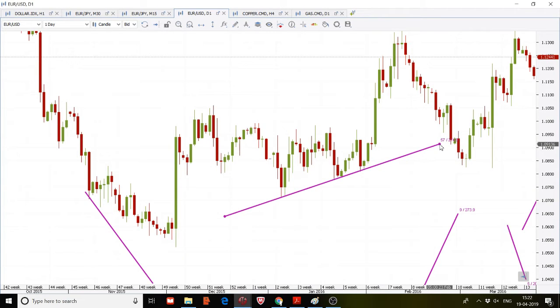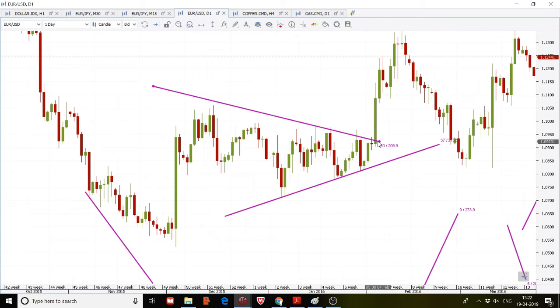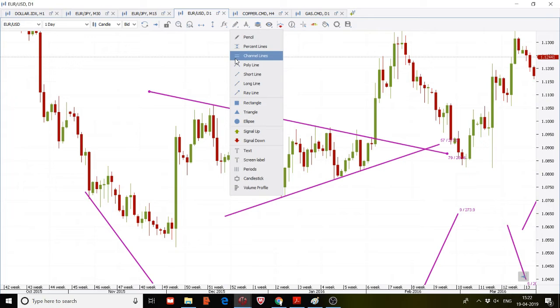So we are getting the three touches here, and on the higher side as well we are getting a series of lower swing highs, and that only matters for us. And after that we have got the three touches on the higher side.